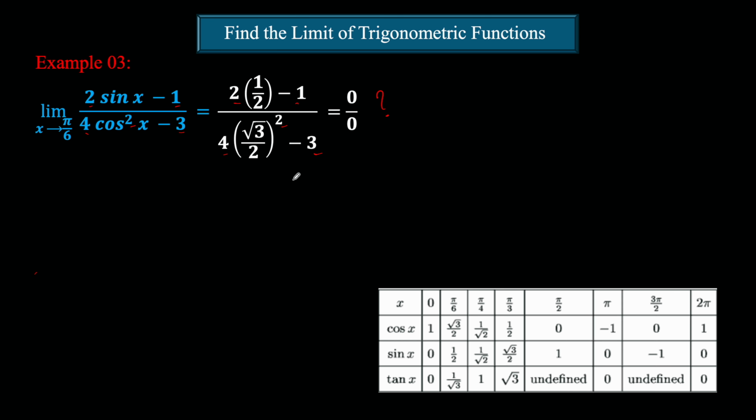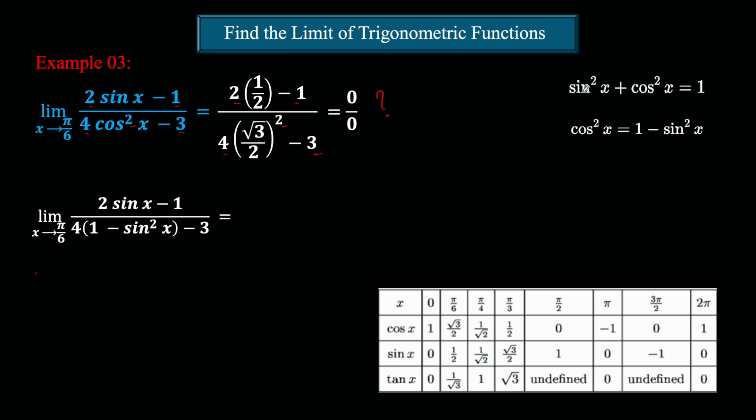What we will do is take advantage of the Pythagorean identity. We will take sine square x to the other side, so you'll get cosine square x is equal to 1 minus sine square x. Then we will substitute cosine square x by 1 minus sine square x, which we proved here.